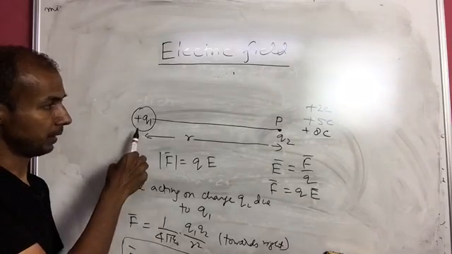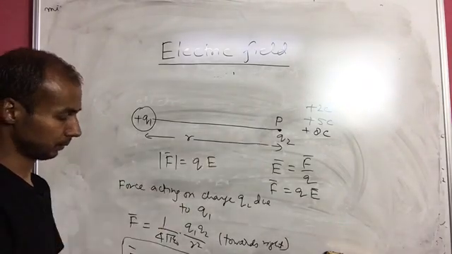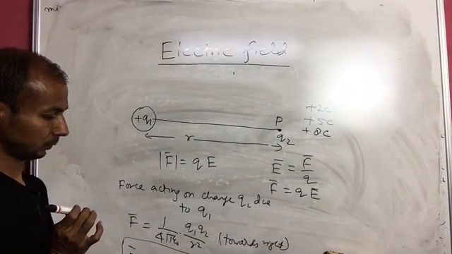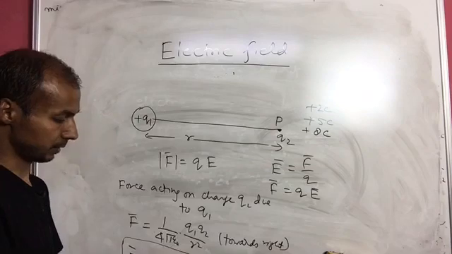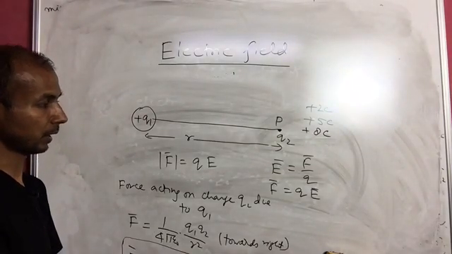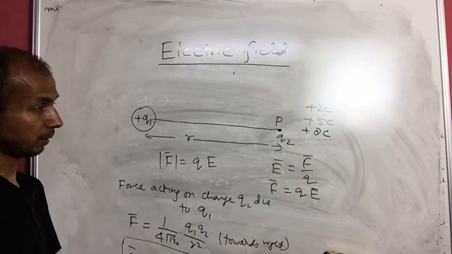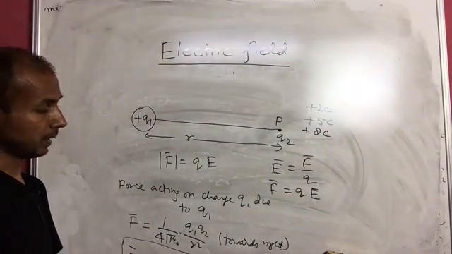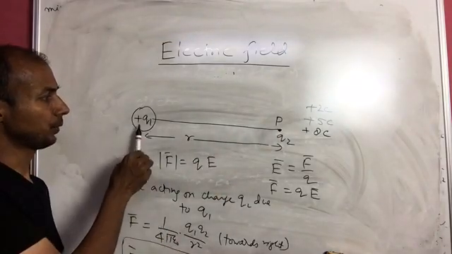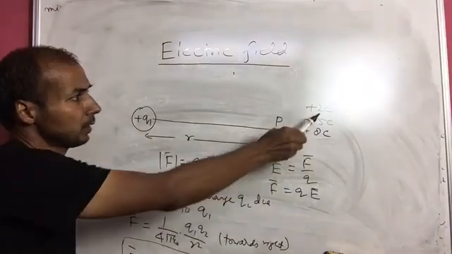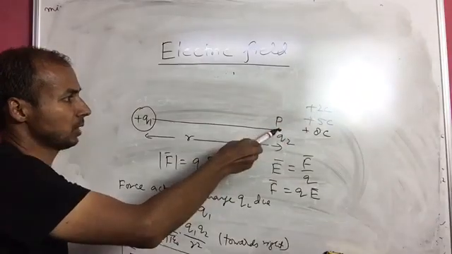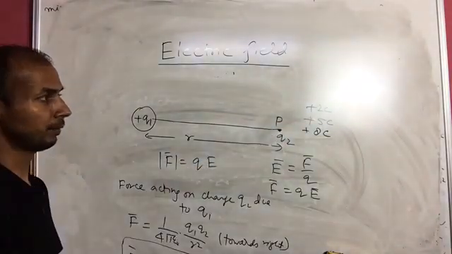So if I double this charge, the value of electric field will double, because electric field is directly proportional to the charge value. And if I double the distance, since electric field is inversely proportional to r square, the electric field will become 1/4. Correct? The electric field value at point P due to q1 does not depend on the charges placed at P. Correct? So if I bring this charge here, the value of electric field will remain the same.